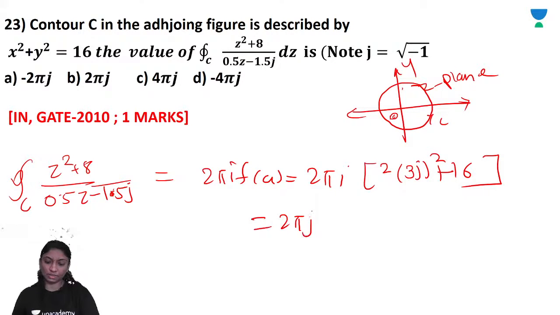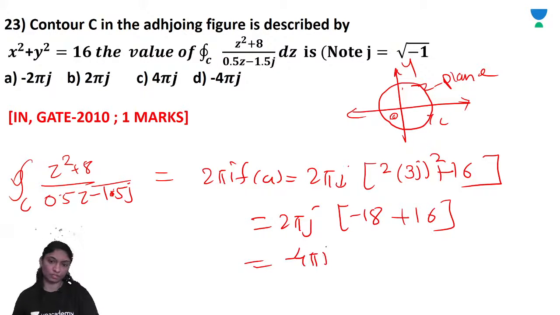So 2 pi, minus 18 plus 6, minus 4 is the correct answer.